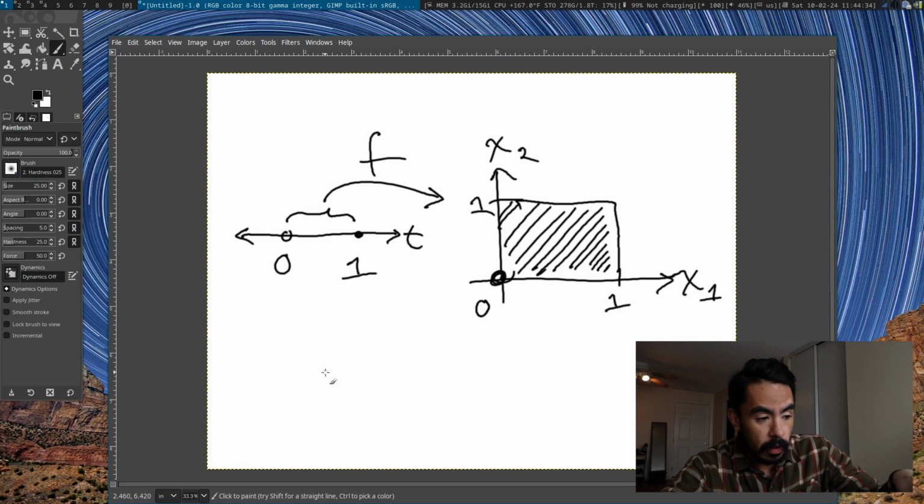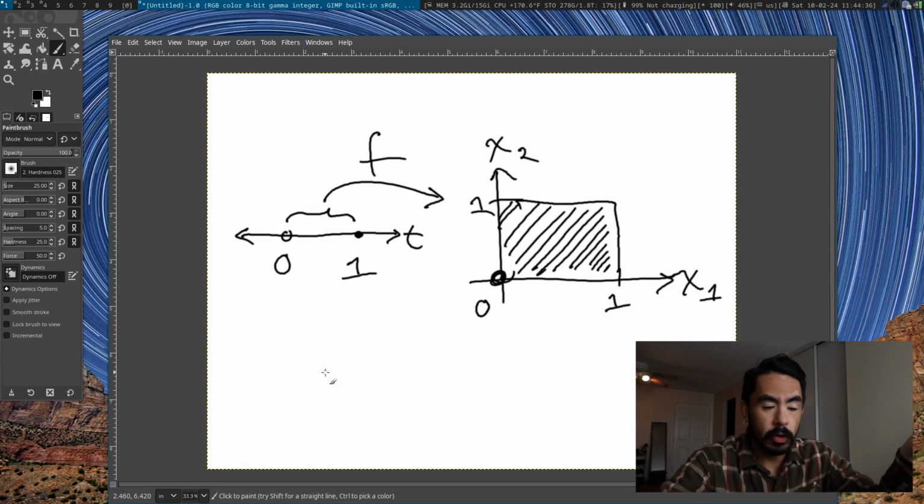right? The t input that we're putting into the function f is, you could say, one-dimensional, but the mapping is onto, obviously, a square, which seems like a two-dimensional geometric configuration. And we're showing that this function f that I just outlined is 1 to 1.